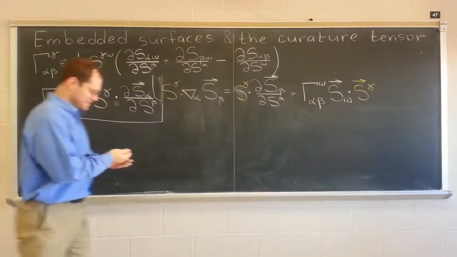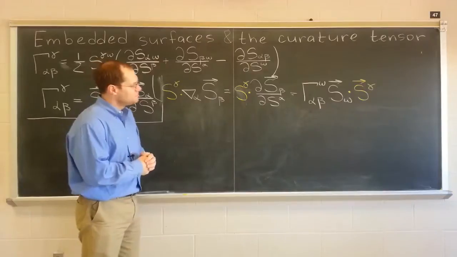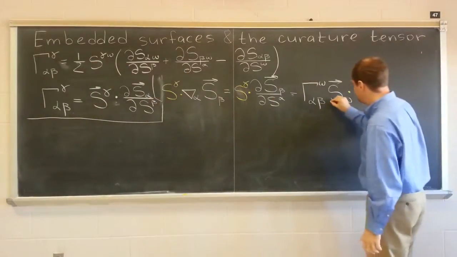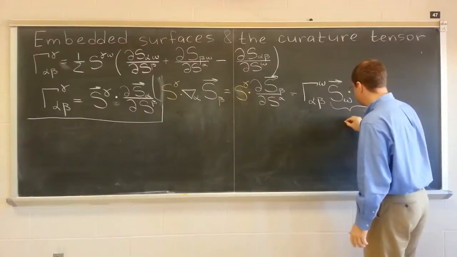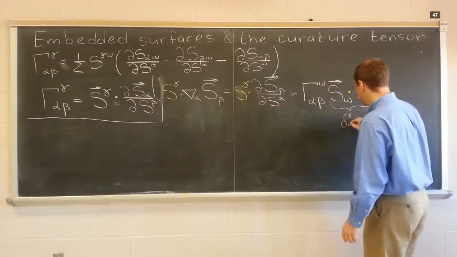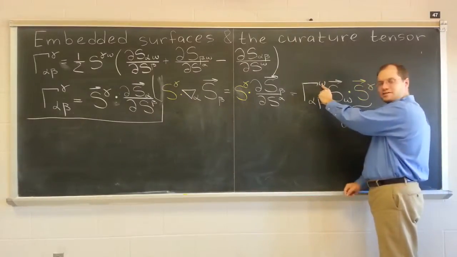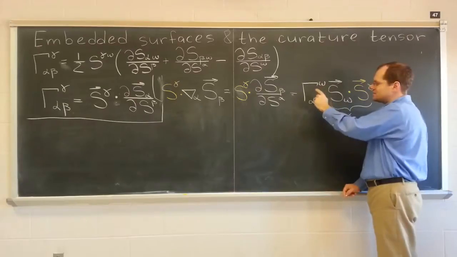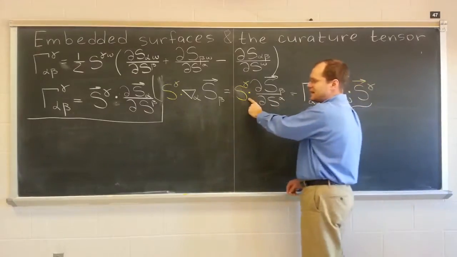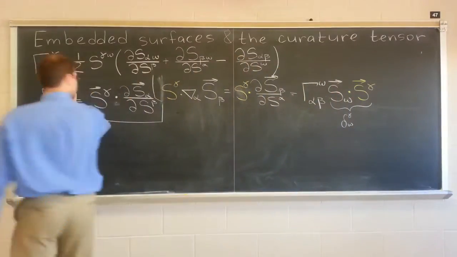Alright, now we have 0. Can you see that? That this expression is 0? Why? Because this right here is delta gamma omega. So contracted with the Christoffel symbol, we'll replace omega with gamma. So this is gamma alpha beta. And this is gamma alpha beta by this very definition.